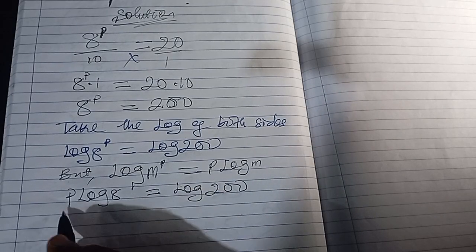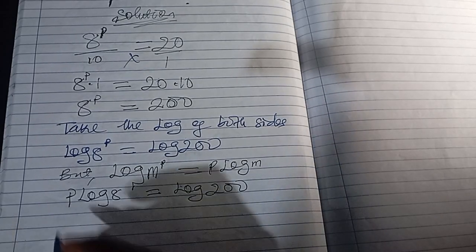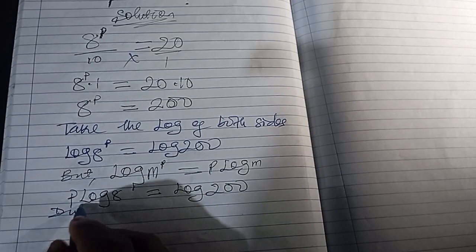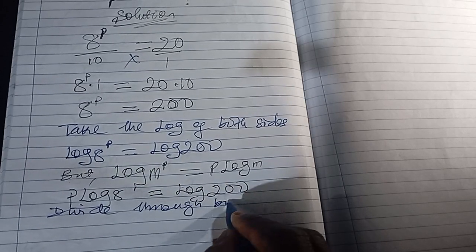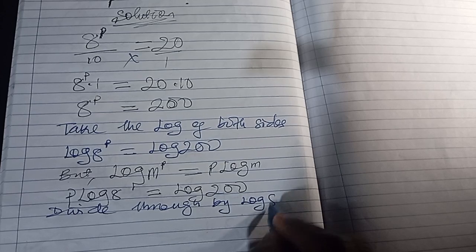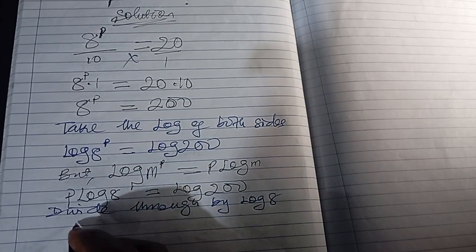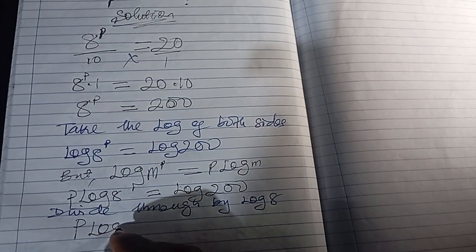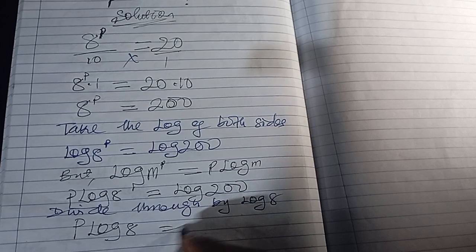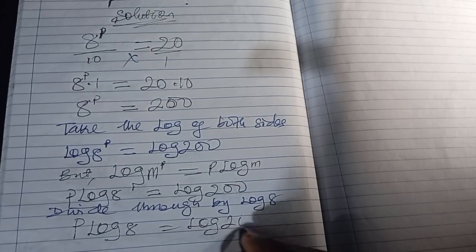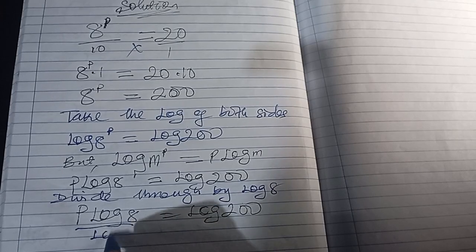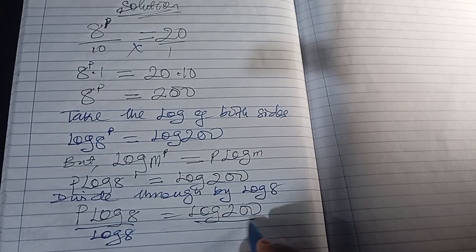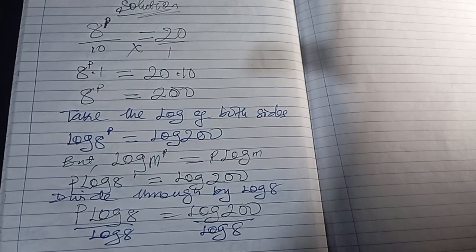Alright, in order to find p, we are going to divide through by log 8. So we have divided by log 8 on both sides.